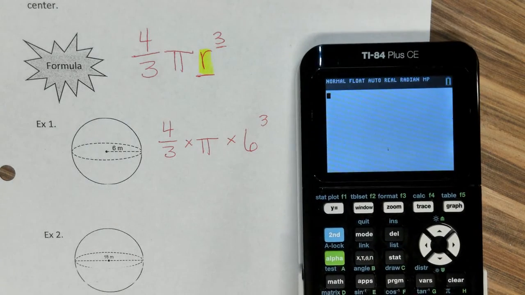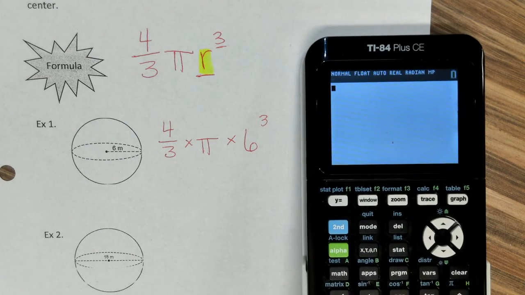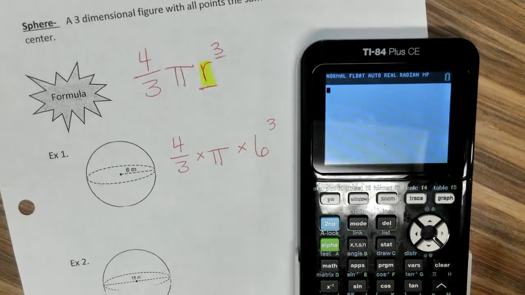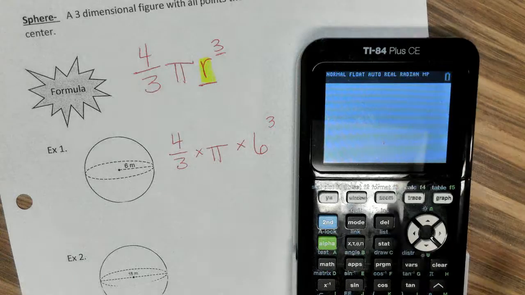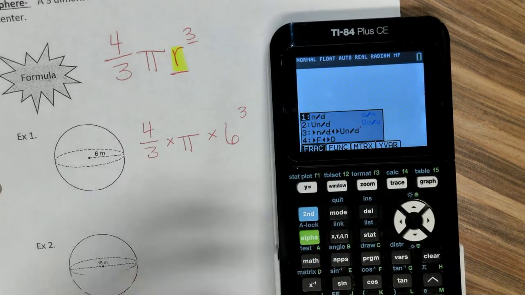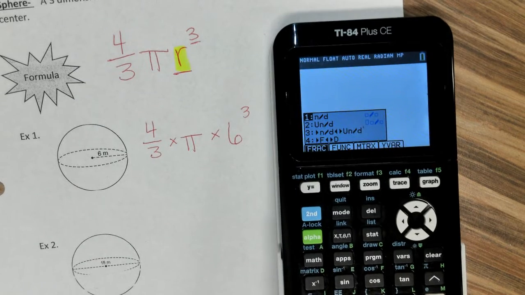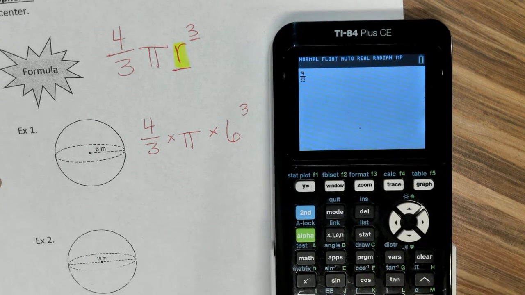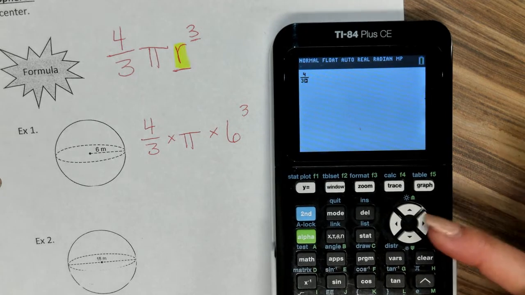How do we put in 4/3? Alpha y equals. Okay, so I'm going to hit alpha y equals. I'm going to choose option 1. I'm going to type in 4/3. Make sure you tab out.